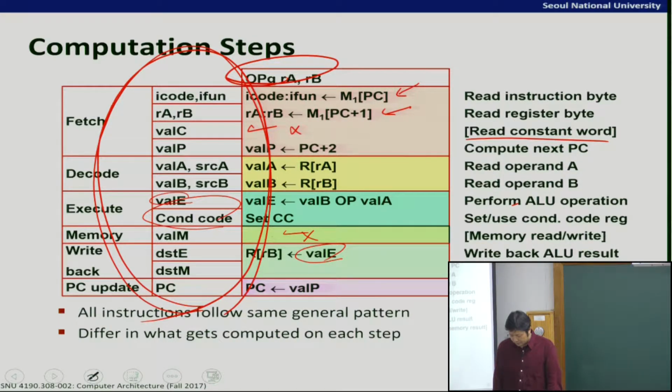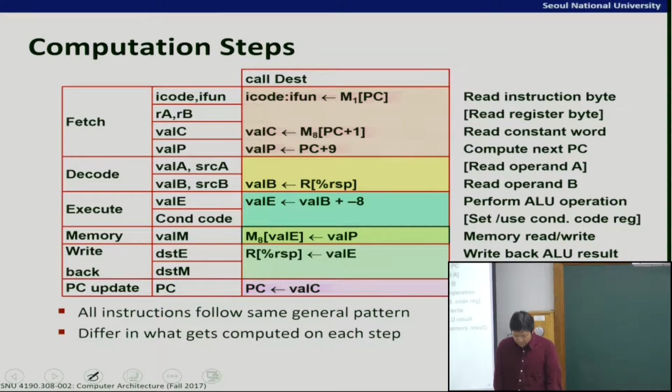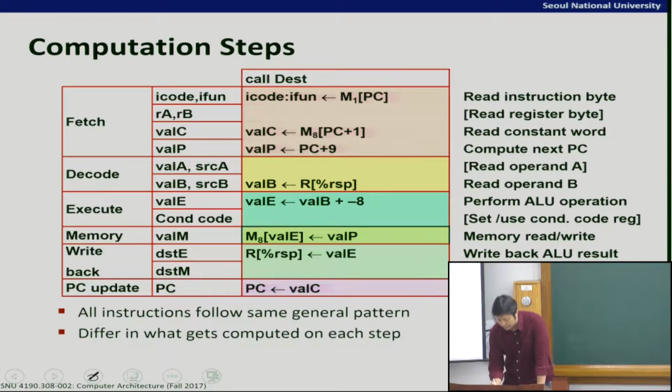Okay. So let's think about another instruction, call. In this case, in the fetch stage, we read the opcode and also calculate valC here. In this case, valC is activated because you need to read the constant value, the call target address. And valP is updated with PC plus 9.